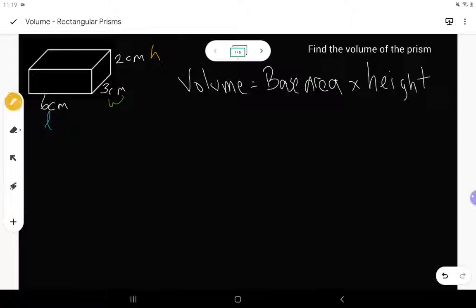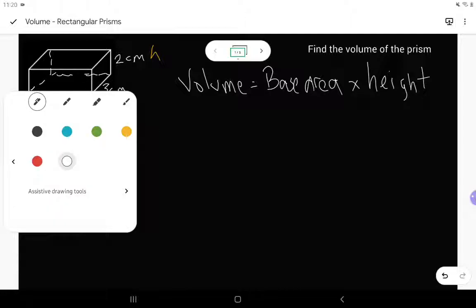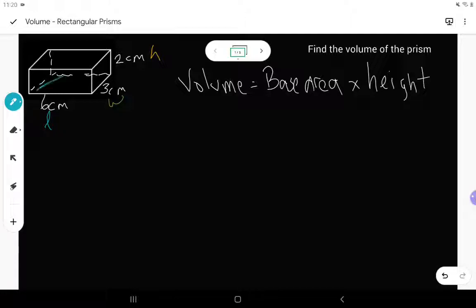When we're looking at this three-dimensional shape, generally we tend to think of our base area as being the bottom that's sitting on the ground. So if I add in some dotted lines to show what that looks like, I would think of my base as being this rectangle right here.